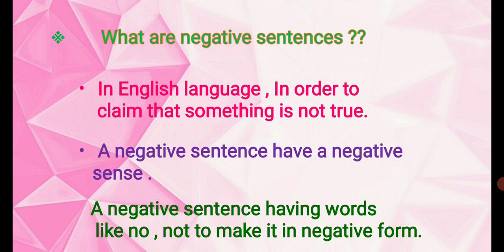If we want to represent the statements in a negative form, in a totally false way, at that time we use no or not. After using no or not, the statement will become a negative sentence. So this is the information about the negative sentence.